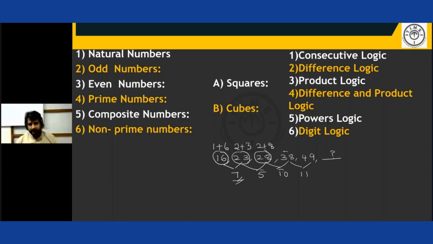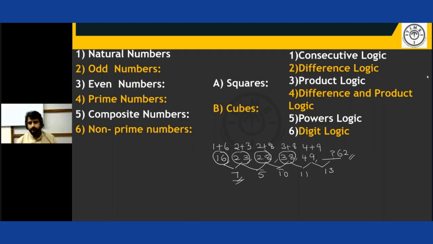And in the number 38, digits are 3 and 8, 3 plus 8. In 49, to find the next number, the sum of the digits is 4 plus 9, which is equal to 13. So 49 plus 13 is equal to 62. It is your answer, 62.